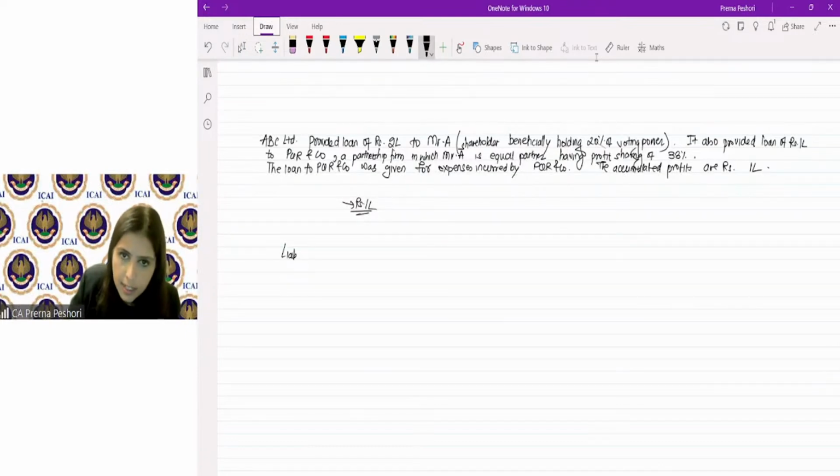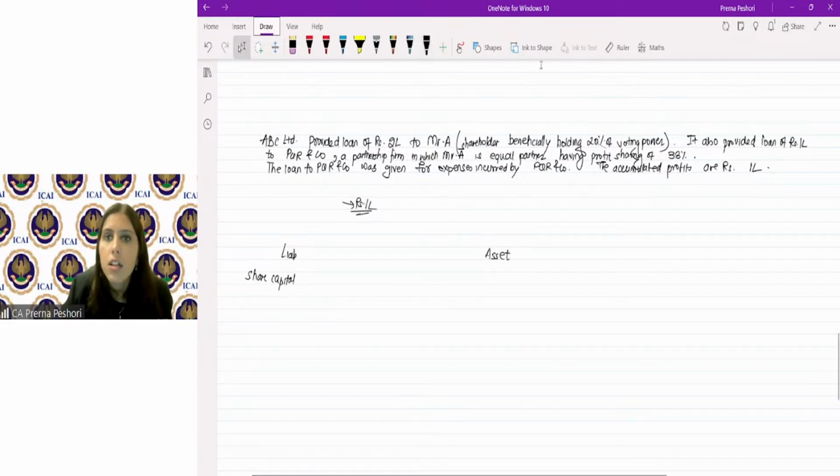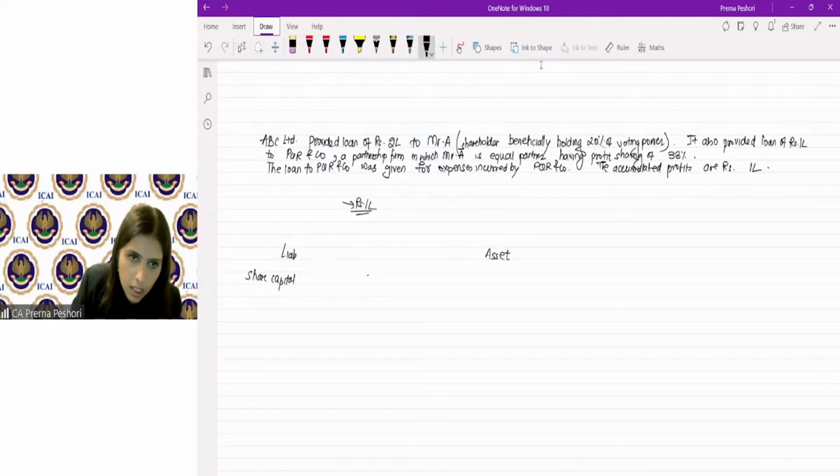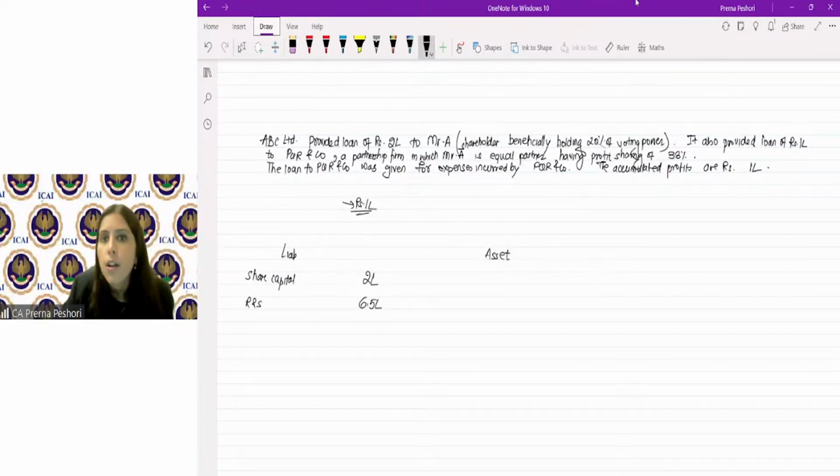This is my liability side. This is my asset side. This is my share capital. Let's say my share capital is 2 lakh rupees. Reserves and surplus 6.5 lakh.